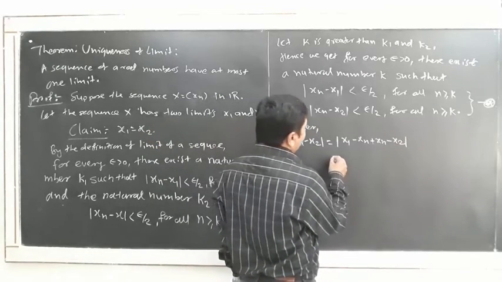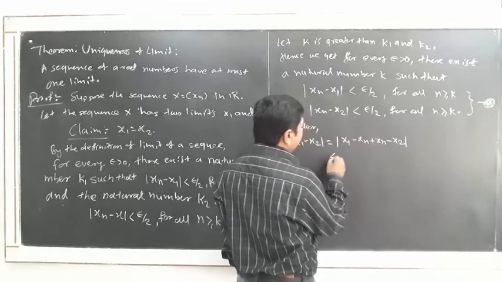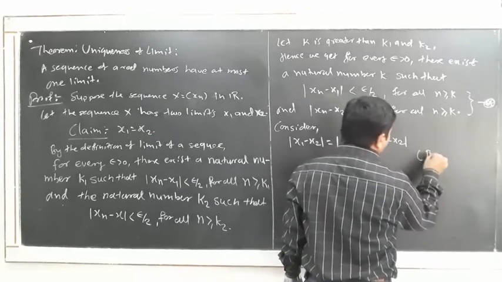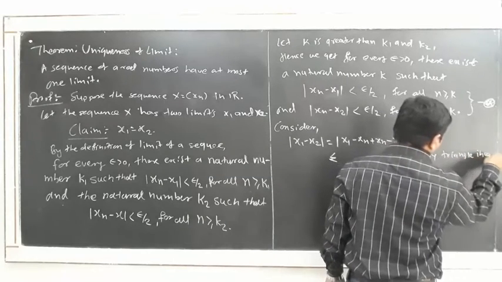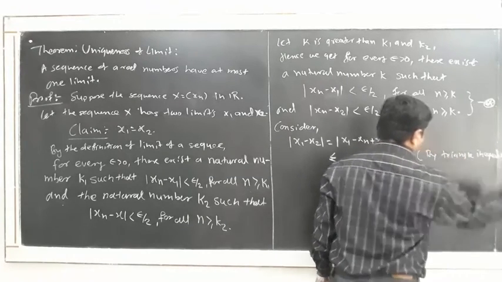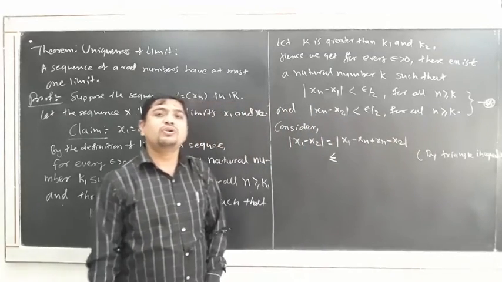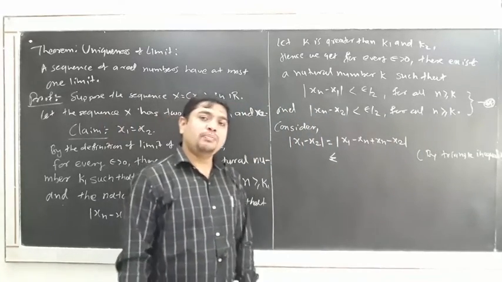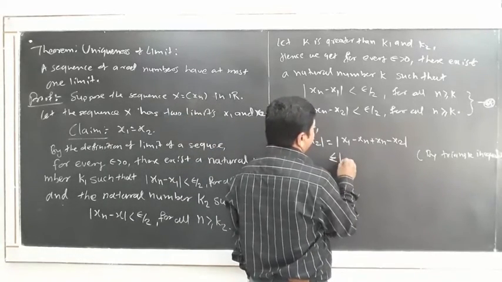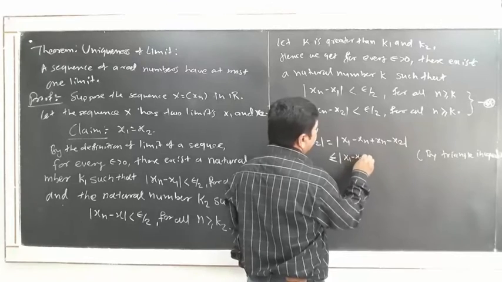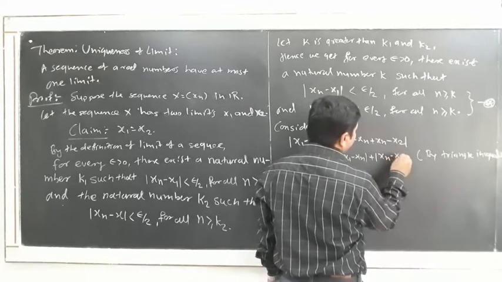Now we use the triangle inequality. What is the triangle inequality? Mod of a plus b is less than or equal to mod a plus mod b. Similarly for subtraction. So this is less than or equal to mod of x1 minus xn plus mod of xn minus x2.